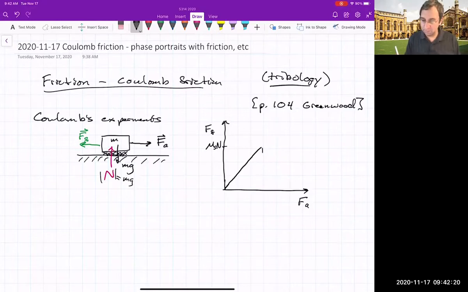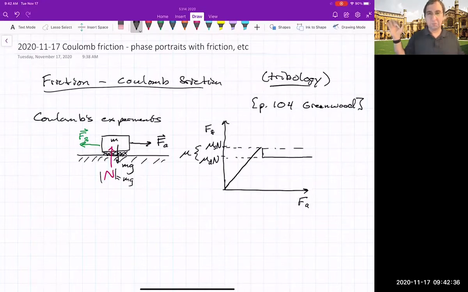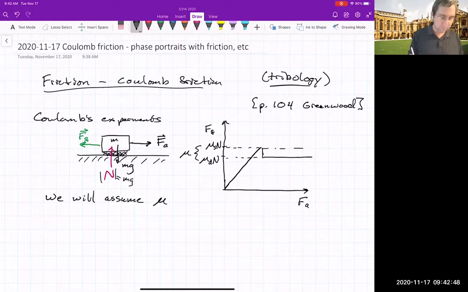Up to that point, it fell down to what we call mu d, the dynamic friction, and then it just sort of stayed that way. In our modeling, we just combine these into one thing called mu and forget about the static versus dynamic. But it is important. They're usually slightly different, so we'll just assume that mu s equals mu d. The static and dynamic friction are the same thing, and it's just mu.